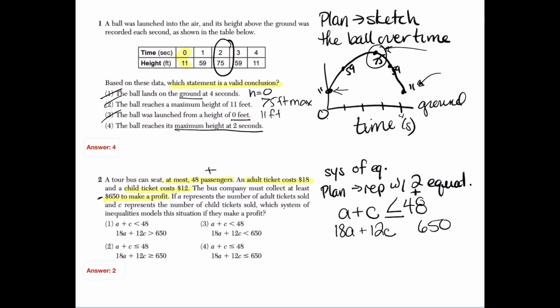Now it's saying at least 650, so the 650 is at least, which means this part has to be the most. So I'm going to aim my symbol this way. But can it be equal to 650? Yes. So the least amount it could be is 650, or it has to be greater. So these are my two equations, and I can see that this matches with 2.